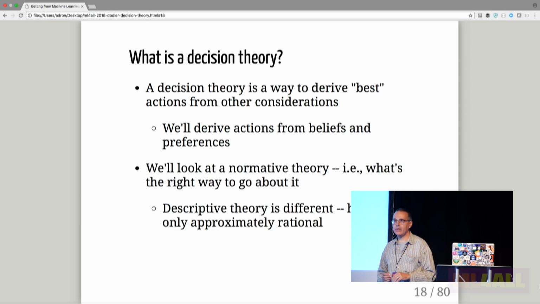So we are going to look at a normative theory, which means that this is a rational way to go about making decisions. This isn't intended as a description of how humans actually make decisions, because we are not completely rational. So humans approximately carry out this process, but not exactly.